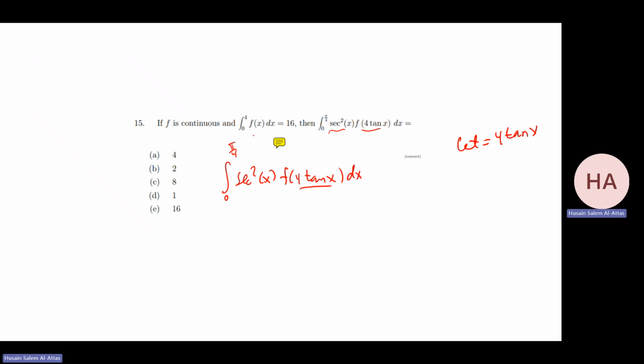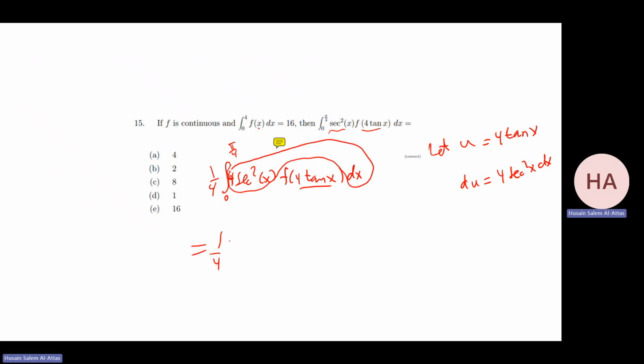So this will go back to f of x. Let u equal this. Du will be what? 4 secant squared x dx. So I need 4 and 1 over 4 outside. So this is my du. So that will be 1 over 4.